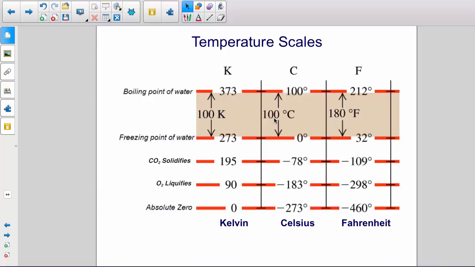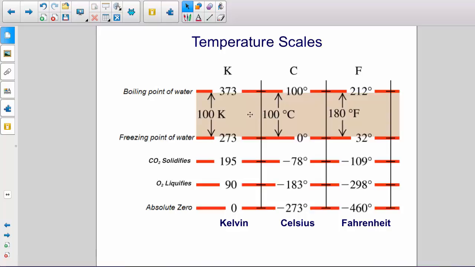Here's a chart of the common temperature scales, Kelvin, Celsius, and Fahrenheit, and it compares values for reference and some example temperatures. For example, on the Celsius scale, we've calibrated 0 to be the freezing point of water and 100 to be the boiling point. In the Kelvin scale, this is 273 and 373 respectively.